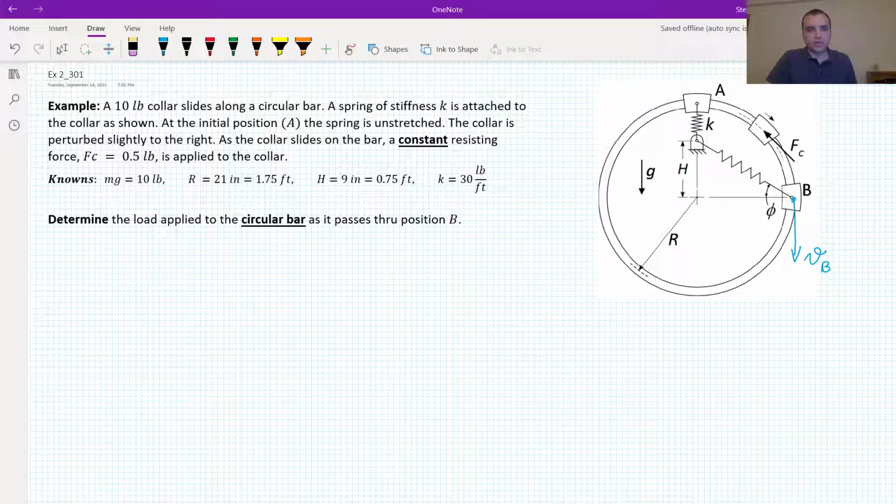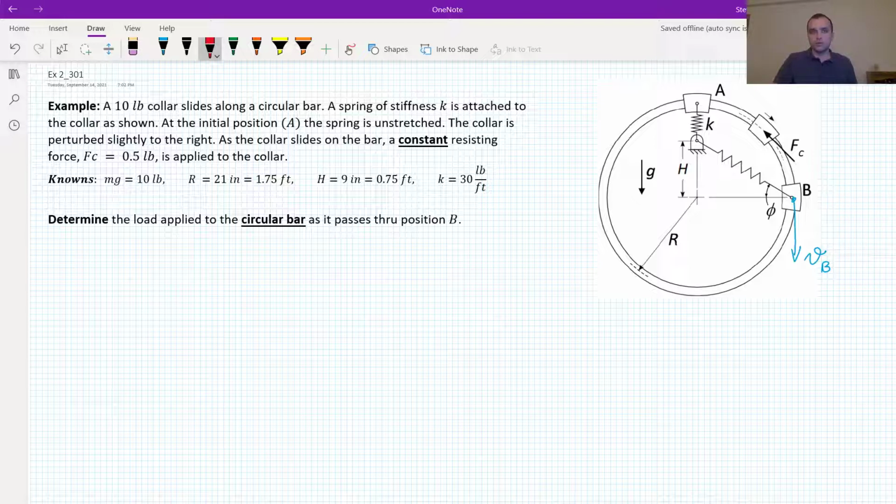And what do they ask us for? Oh, they ask us to find the load applied by the collar to the circular bar as it passes point B. So again, in here they ask us to find the normal force acting on the circular bar.